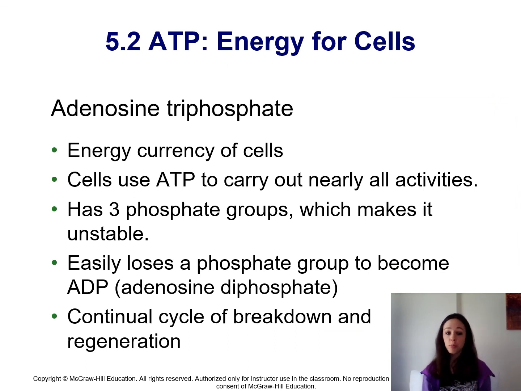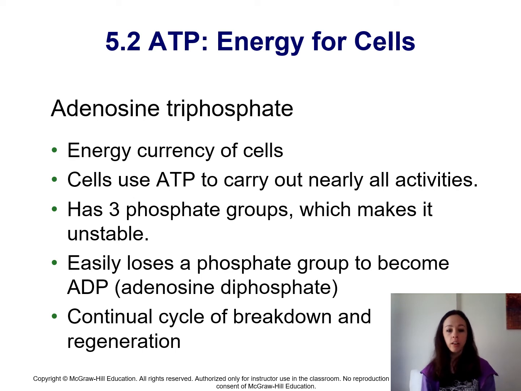So, transport proteins use a form of energy called ATP. And ATP will be used by all cells for all of their cellular processes. ATP stands for adenosine triphosphate. The cell is able to use ATP by removing one of the phosphate groups, turning it into ADP, or adenosine diphosphate.